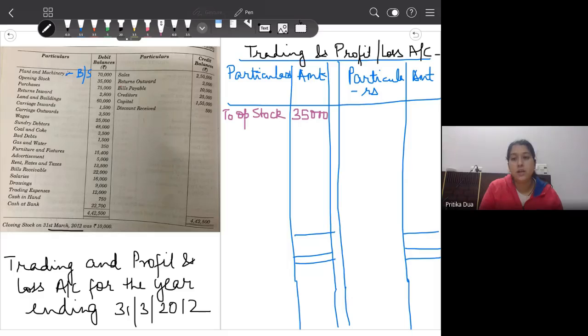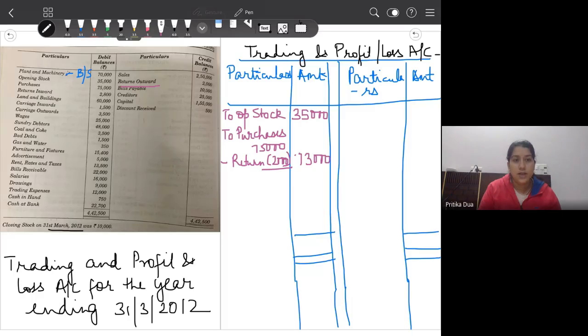Okay, because return outward is your purchase return, which needs to be adjusted from the amount of purchases. So in the inner column, I write to purchases. The amount is 75,000 minus return, which is 2,000, and I get my final amount as 73,000.